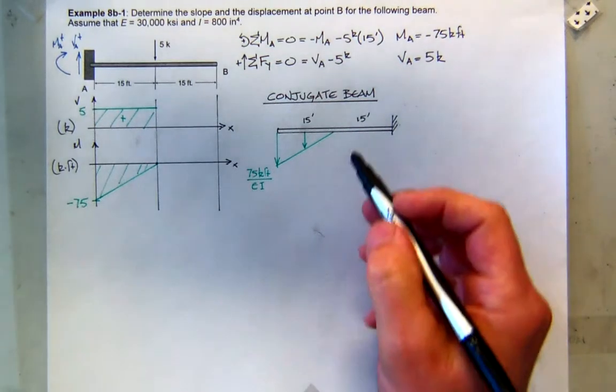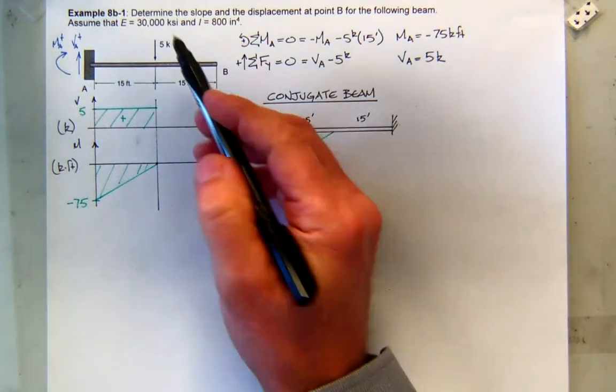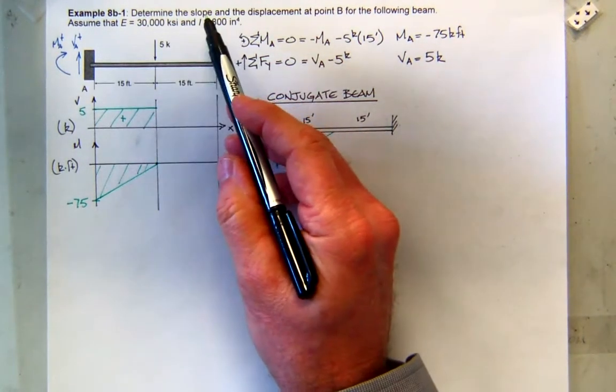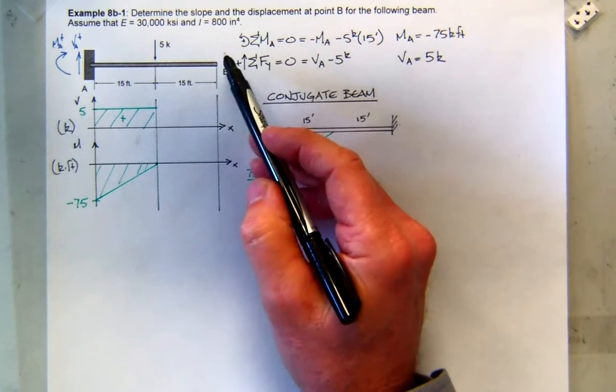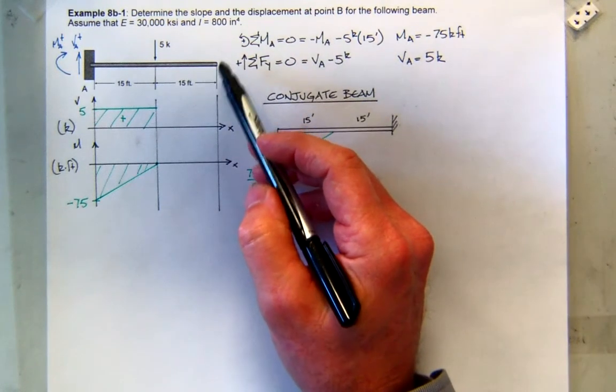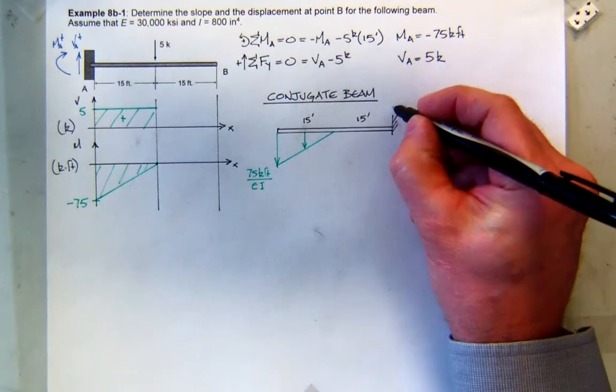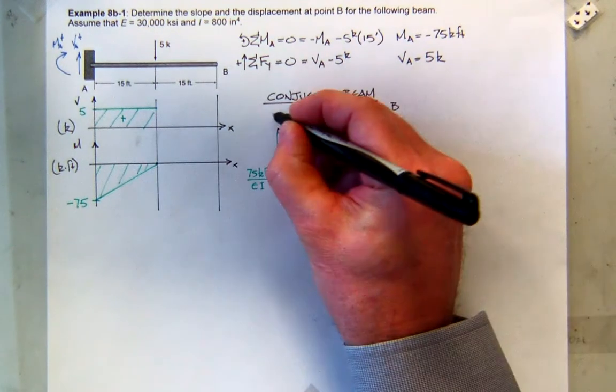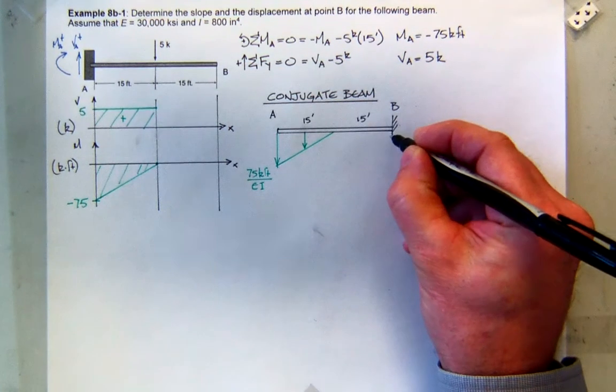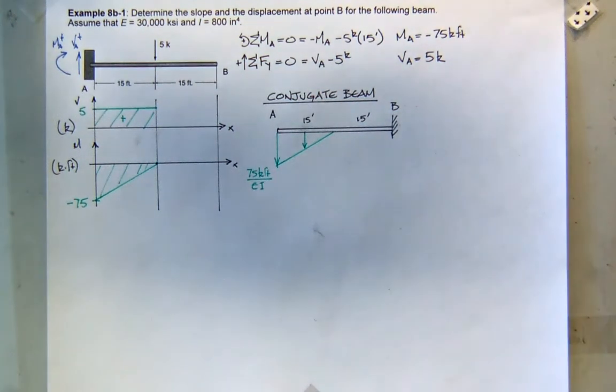Now you have to ask yourself, what do you want to know? Well, in this problem, I want to know the slope and displacement at B. B is here in the real beam. This is B in the conjugate beam, which is the fixed connection.